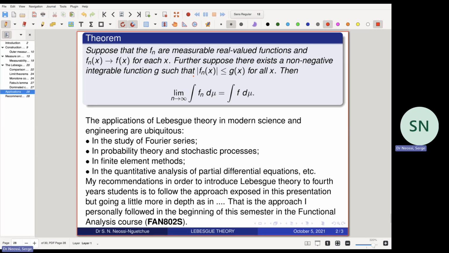This is what we call the dominance, or the domination. We see that all the functions Fn are dominated by a single function g. So we conclude that we can take the limit under the integral sign.